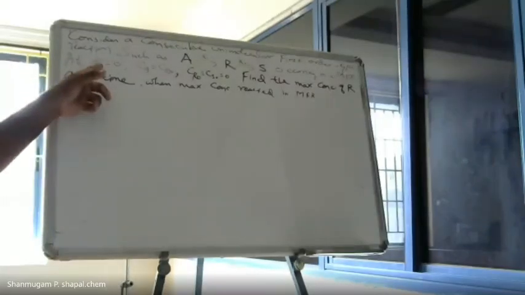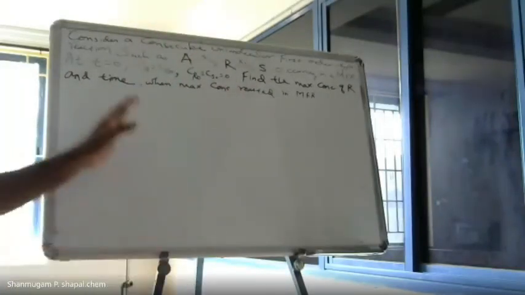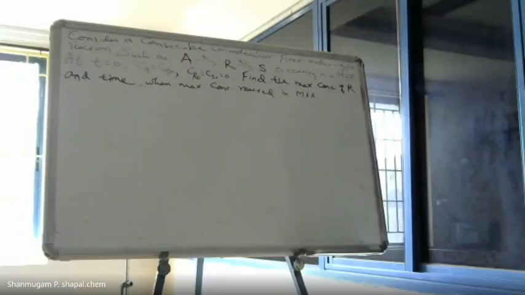At time t equal to 0, CA equal to CA naught, CR and CS equal to 0. So this is what is given here. And it says find the maximum concentration of R and the time when the maximum concentration of R is reached.